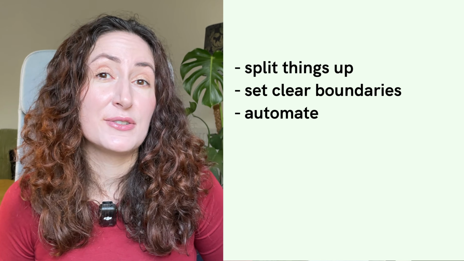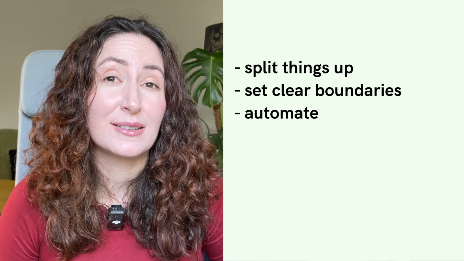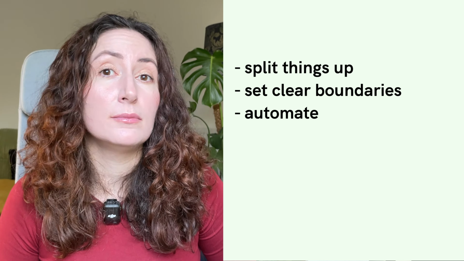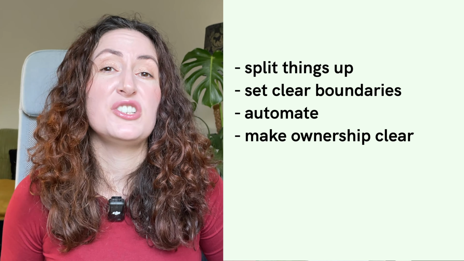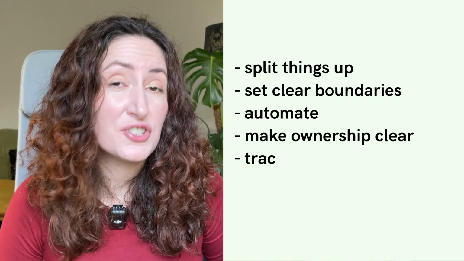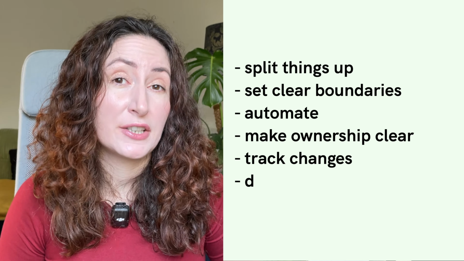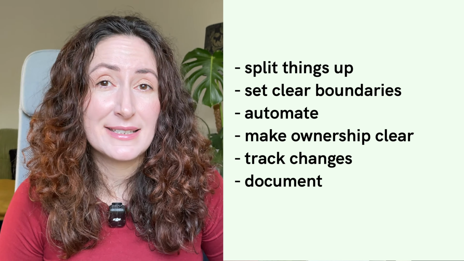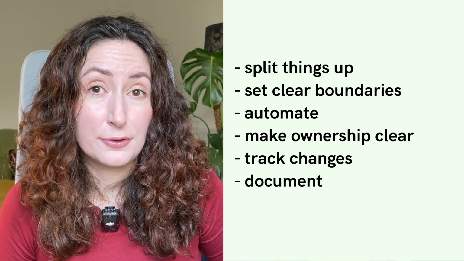Use scaffolding utilities and code generators to keep things consistent when you create a new feature. Make ownership obvious. Always tag which team owns a domain or a package. Always track changes. Use a changelog to keep it up to date. And make sure every new package or pattern has its docs or ADRs to make onboarding easier for new developers.